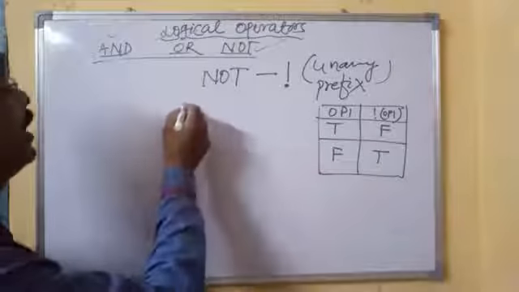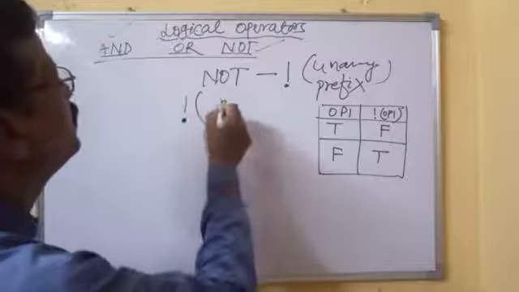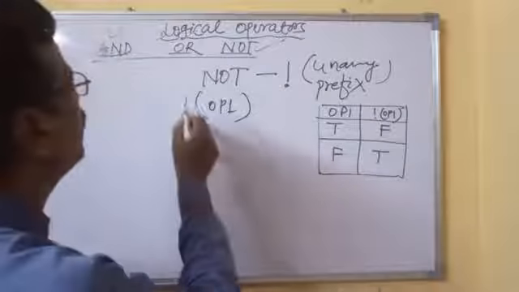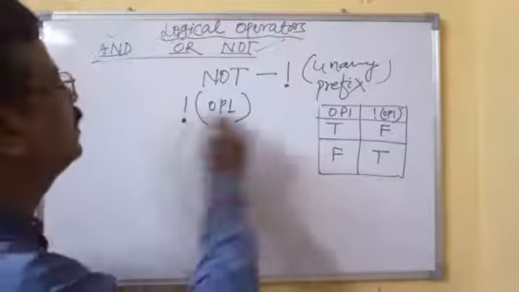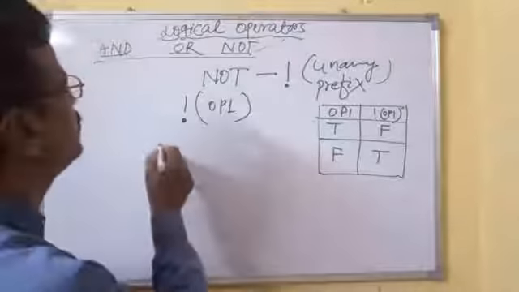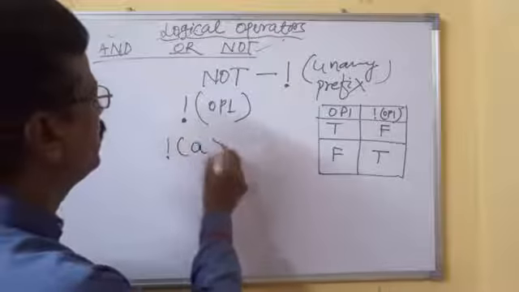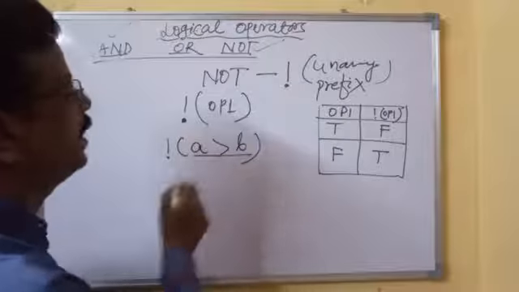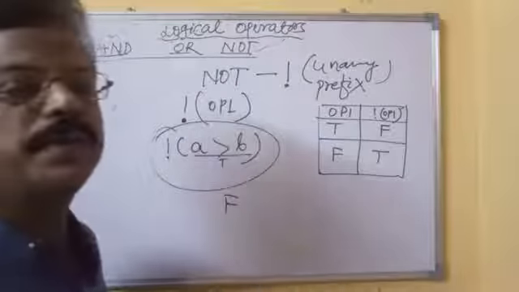So how to apply it? You first write NOT in prefix notation, then in simple brackets write OP1, operand 1. First your exclamation symbol, then thereafter OP1. This is the format of writing. The next thing is how to apply this. Not A greater than B. Suppose A greater than B is true, then as a whole the answer will become false, just the opposite of it.